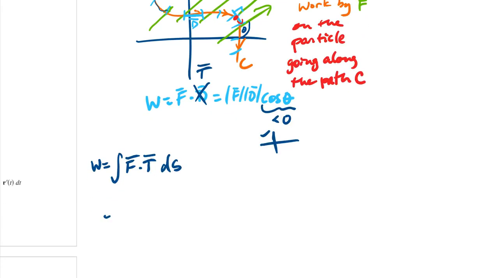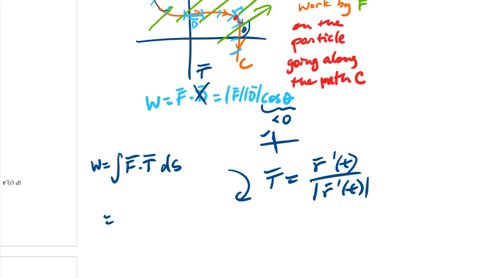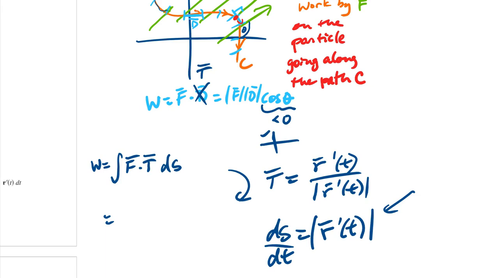Now the tangent vector is, remember, r prime over the length of r prime. And then ds, we looked at this before, is the length of r prime dt. So the change in s is the length of the little tangent vector.